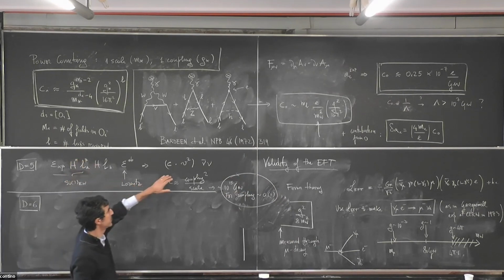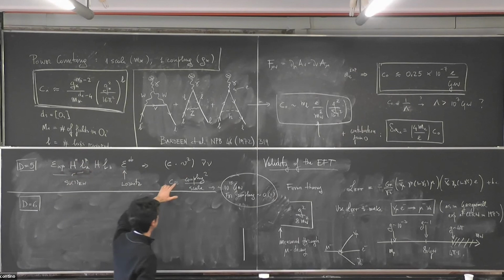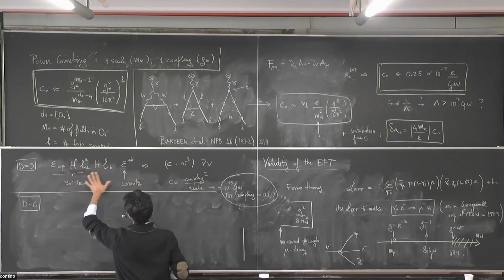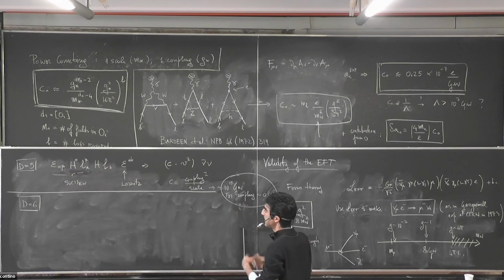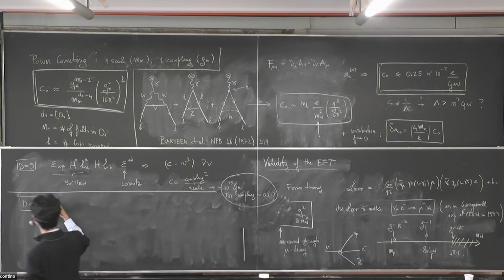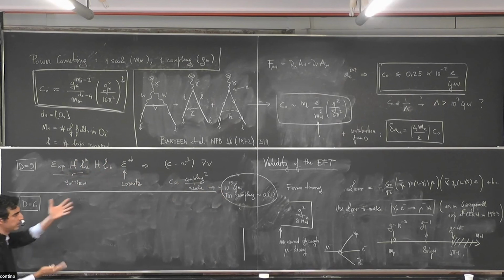The mass of the neutrinos is an operator which violates a symmetry of the standard model, which is lepton number symmetry. This is the first operator that you can write at the level of dimension 5 which violates this symmetry. So other operators which don't violate this symmetry, if you set the scale to be 10 to the 15 GeV, will give super suppressed contributions, and they are not seen in data probably because the scale is so high.